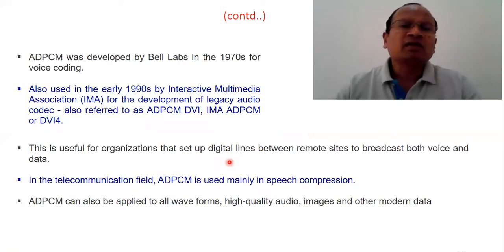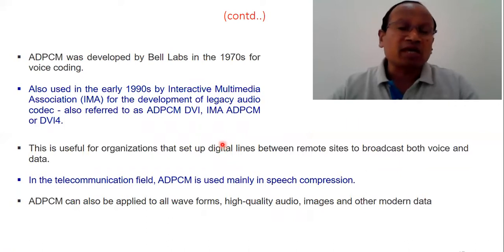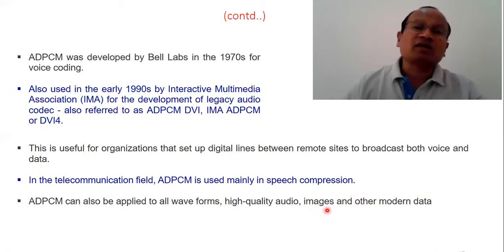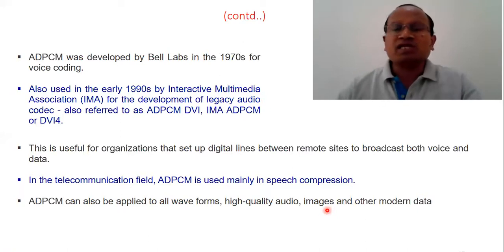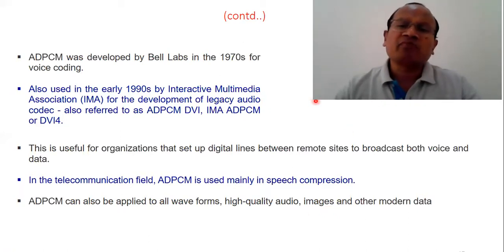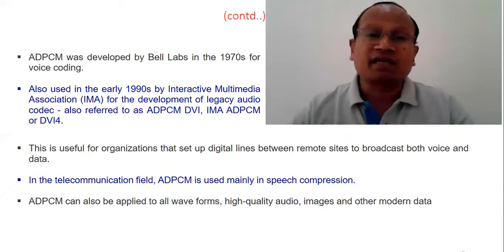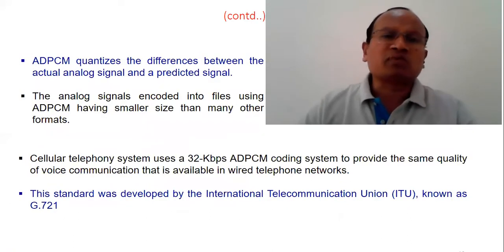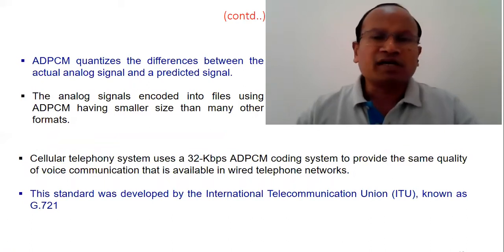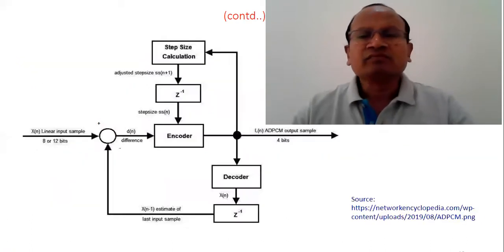And there are other standards, mainly used, as I told you, for speech compression, and also applied to high quality video, high quality audio, images, and other modern multimedia data. The purpose mainly is to use ADPCM in compressing the data and saving bandwidth. That is the main purpose. ADPCM quantizes the difference. We have already discussed this, and there are standards.